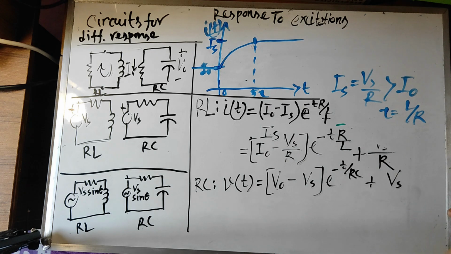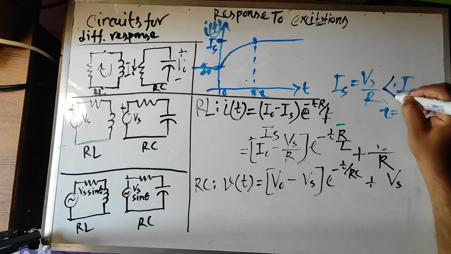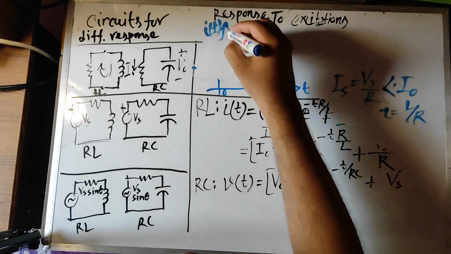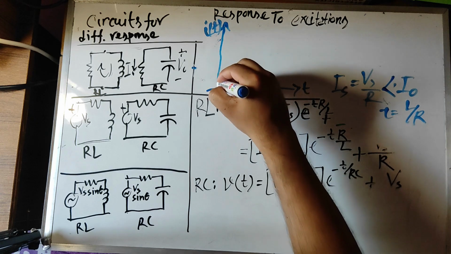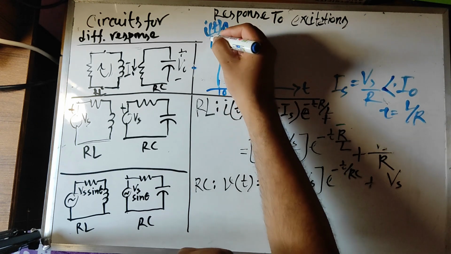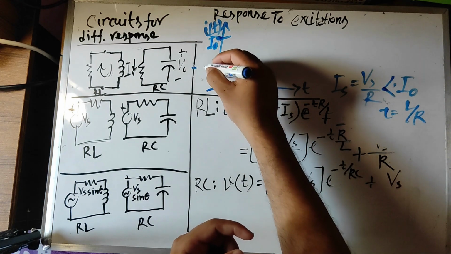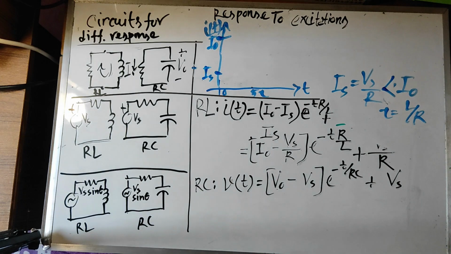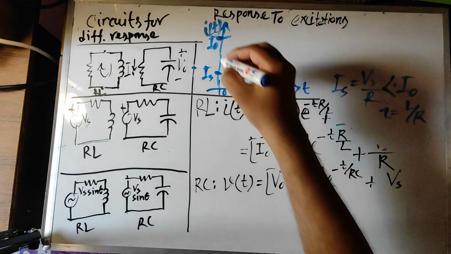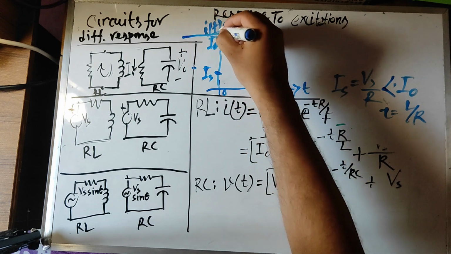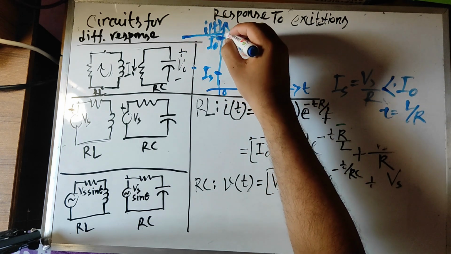So this is the response. So what will happen if the impressed current is less than I0? In this case, say the initial current is higher and the impressed current is lower. So before t equals 0, the initial current was I0.